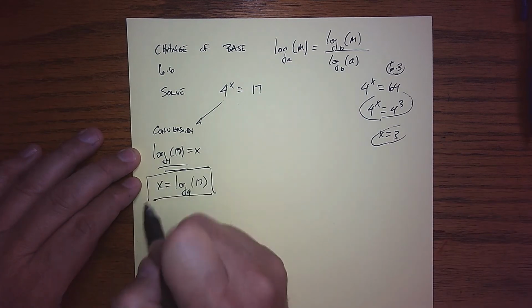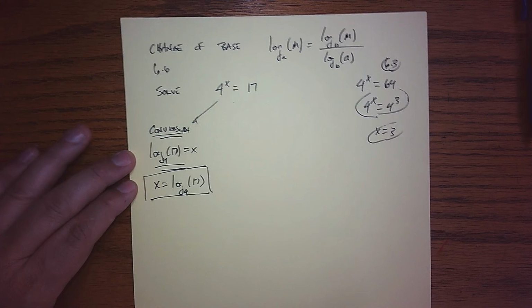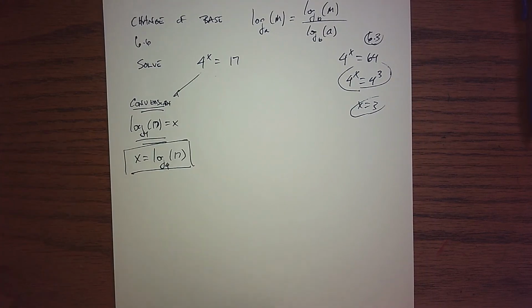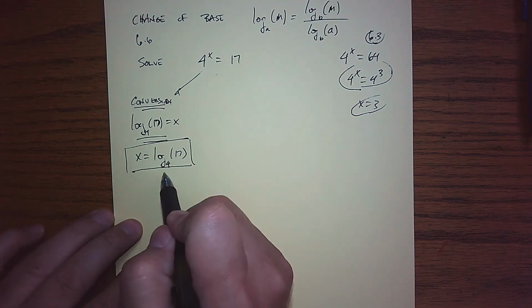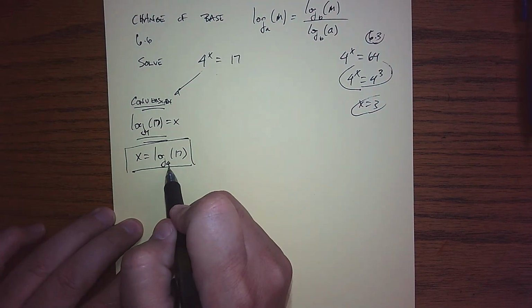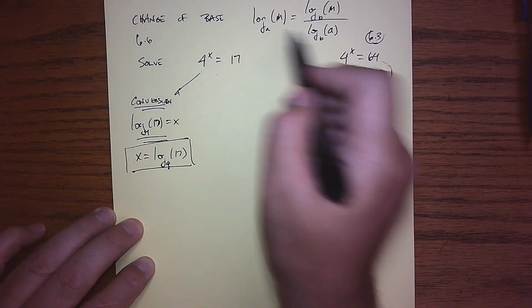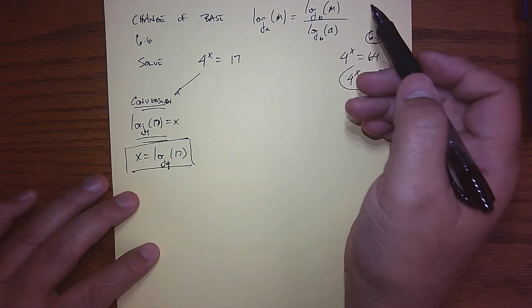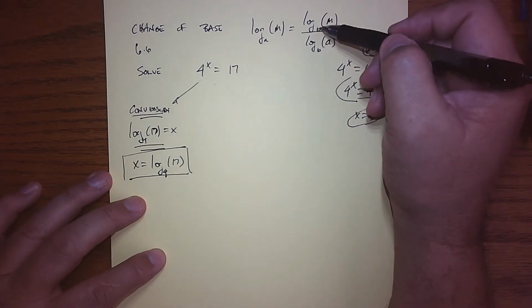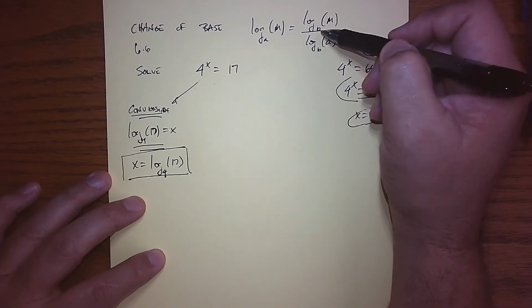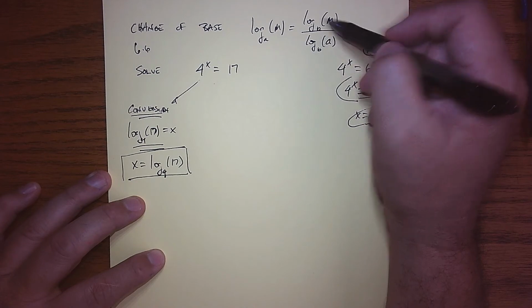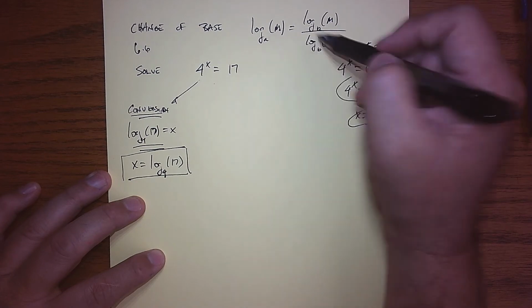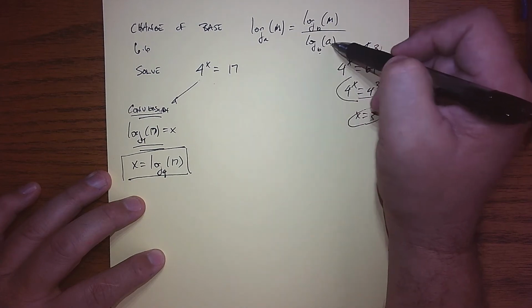That is a solution we get by just converting from exponential form to logarithmic form. But our problem is that base 4 is not on my calculator. We've learned we can use the change of base formula to get there. The idea is I can change this to any base I want: take the log in the new base of what I was taking the logarithm of, and divide it by the log in the new base of the old base.